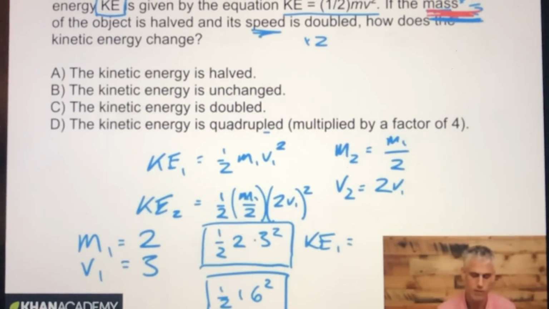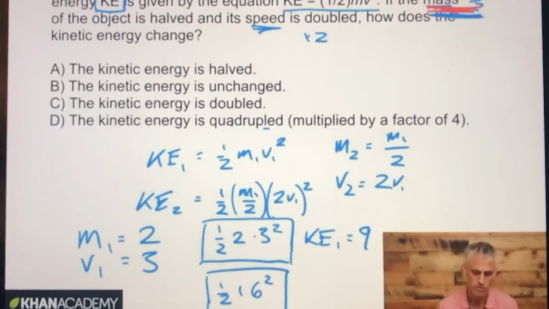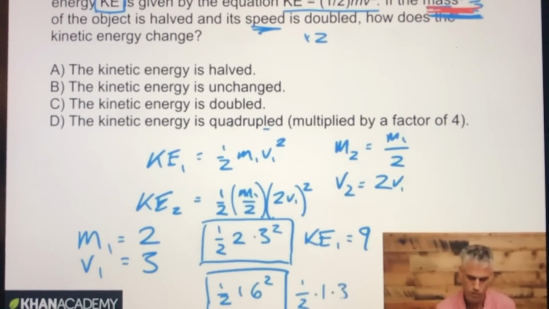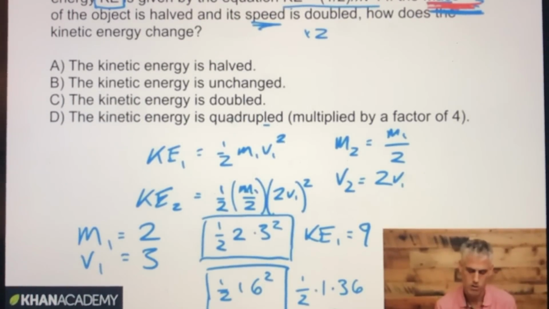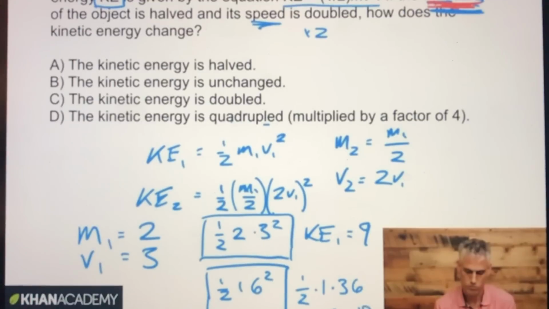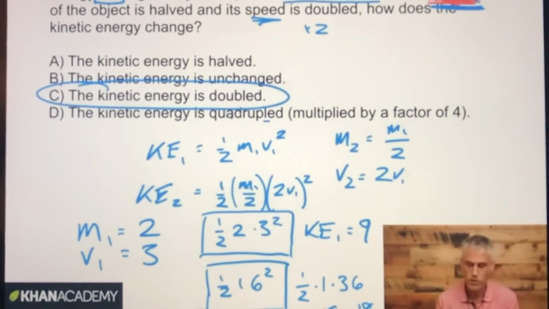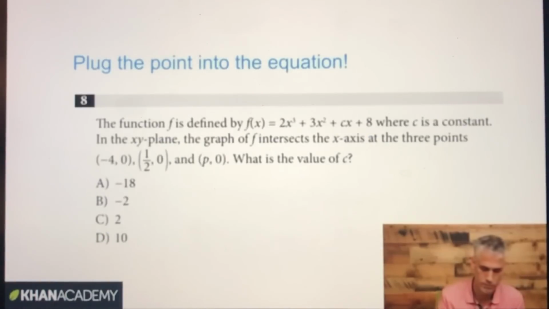KE1 was half times 2 times 3 squared, which is 9. And this is half times 1 times 6 squared, half times 1 times 36, so KE2 equals 18. So our kinetic energy doubled because we went from 9 to 18.